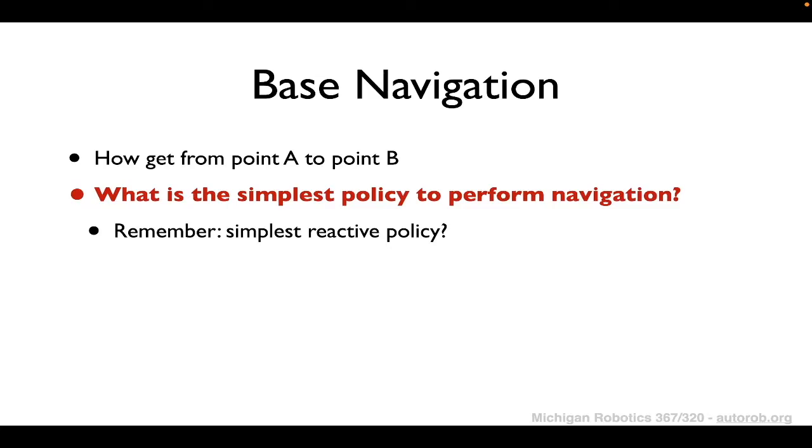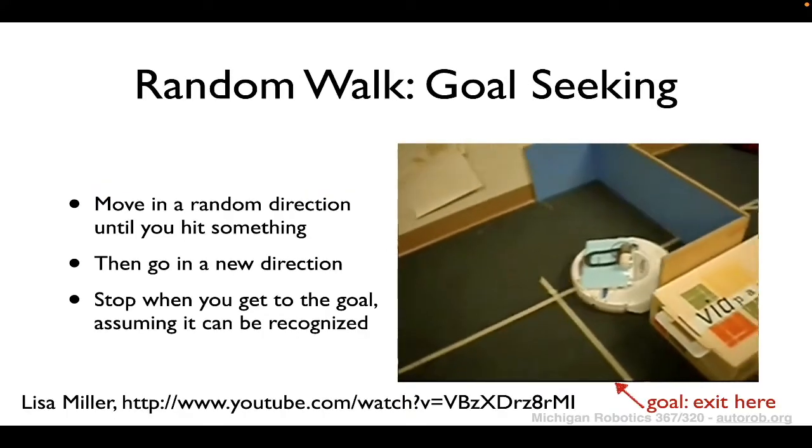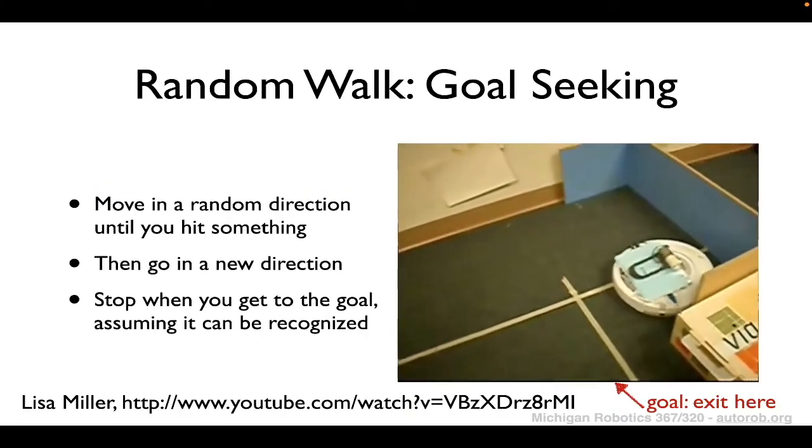On this topic of how we could get from point A to point B, we certainly focused on graph search for those early lectures, but you'll also recall that there was another very simple reactive policy which could also have been implemented. That simple reactive policy was a random walk policy.